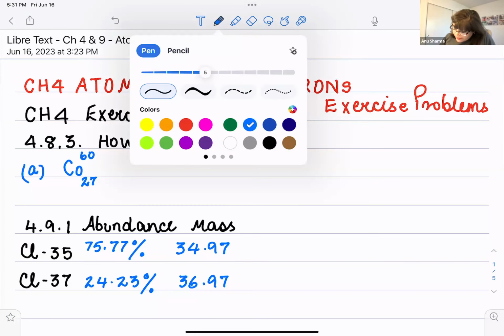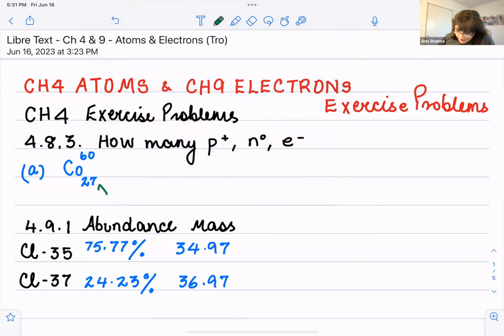As you can see, this number 27 is the atomic number. And atomic number defines the identity of the atoms. And this number here is the mass number. So the mass number is the number of protons plus the number of neutrons.